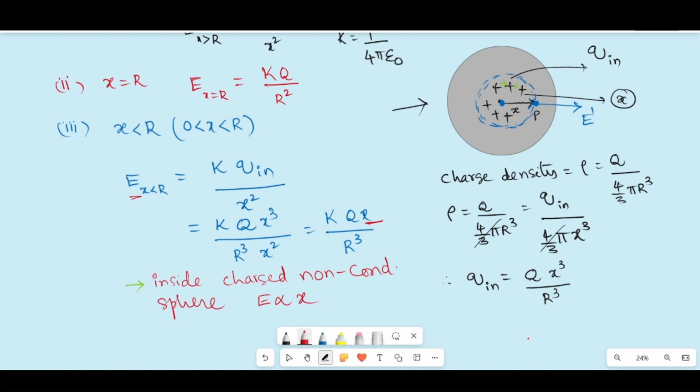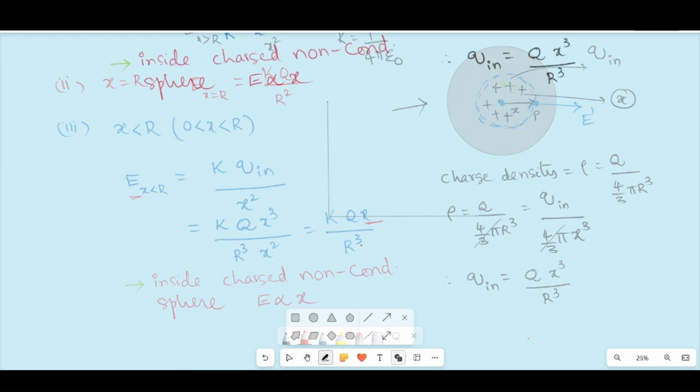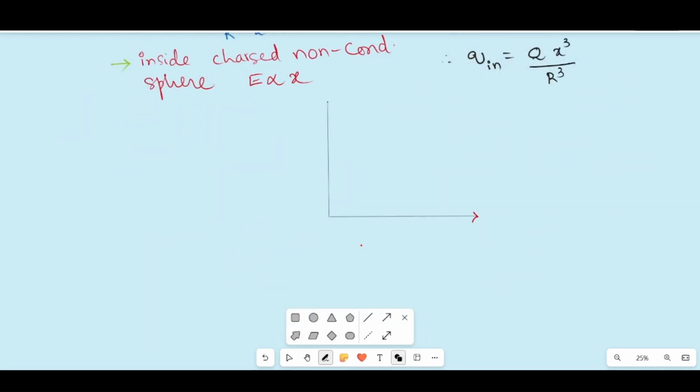So now we'll see how the electric field intensity is varying using a graph. On x-axis, let us take the distance. On y-axis, electric field strength. At origin, x is equal to 0, and that fourth case also we should write.